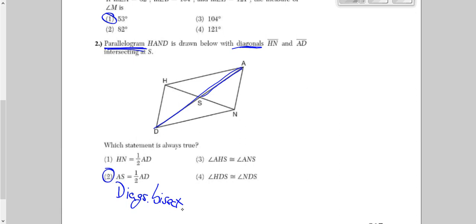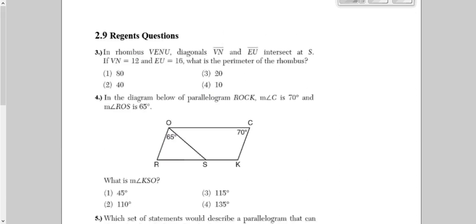Let's move on to number 3. Now, number 3, make sure you draw at least a rough sketch of this and label it the way they say, okay? Because I'm not sure I can really answer this without drawing it out and keeping track of all that in my head. So read that over. I'm going to make a little sketch myself. What shape is it?